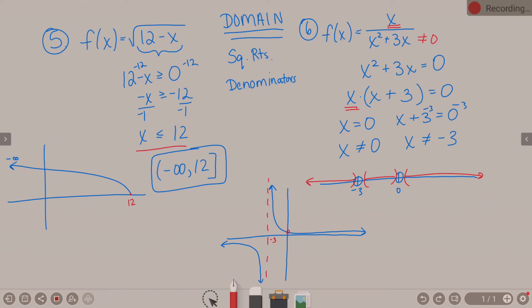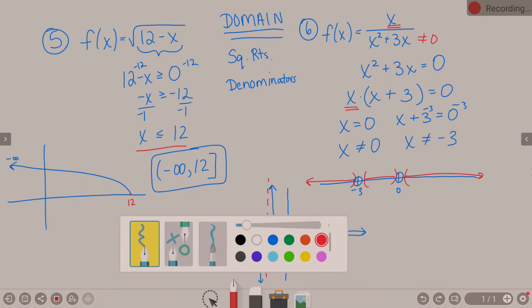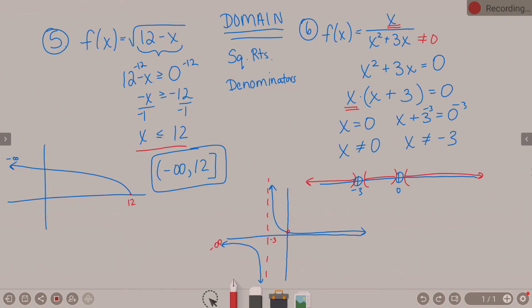So as I watch my graph over here, this graph going off to the left is -infinity. As you look at your x values, as we approach -3, my y values go way down. The x value there is -3. Up here, my x value is -3. We have an issue at 0, and then this goes to positive infinity.